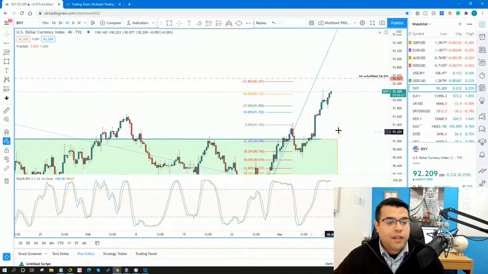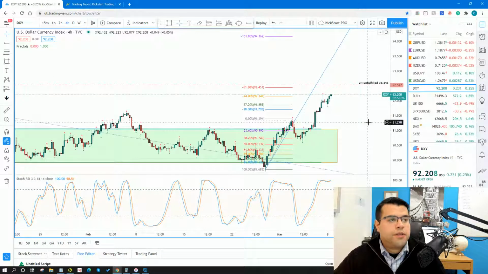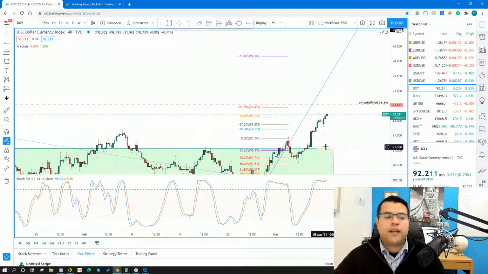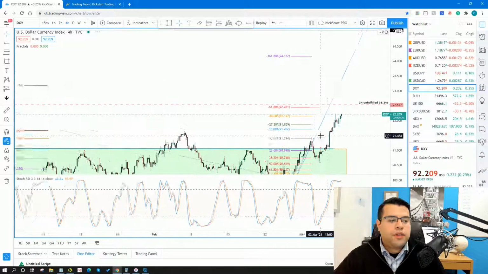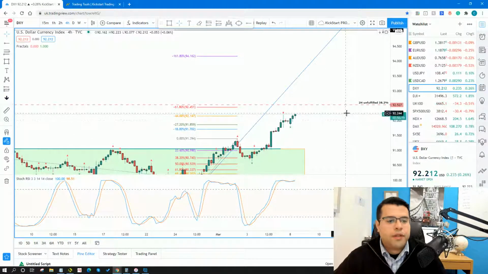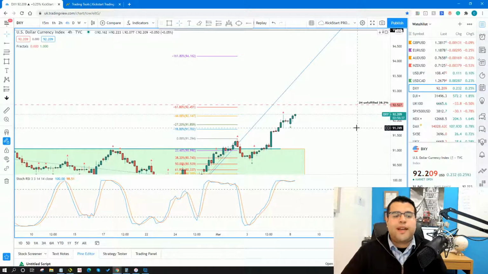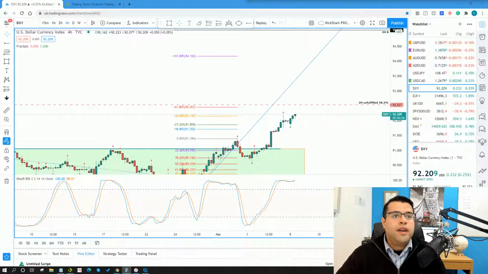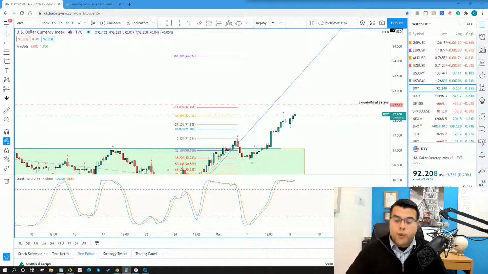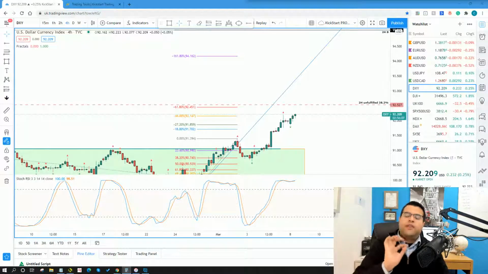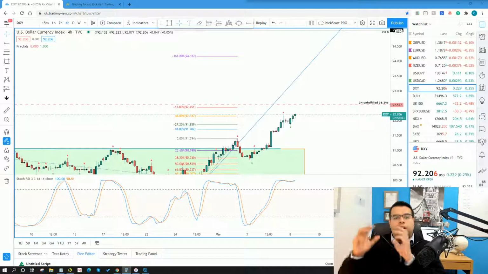So dollar CAD, okay, the dollar index, the dollar currency index, it looks to me like we are chasing after this unfulfilled 38.2% at 92.52, okay? That's about 32 points from where we are currently, okay? Now, anytime we see points on an index, that usually translates into 2 to 3 pips on an individual currency.